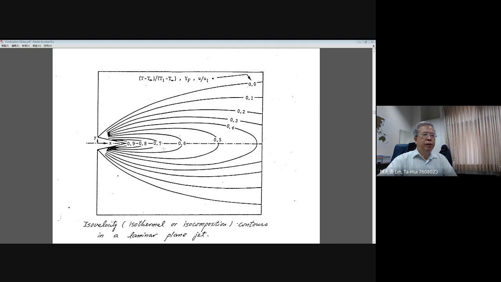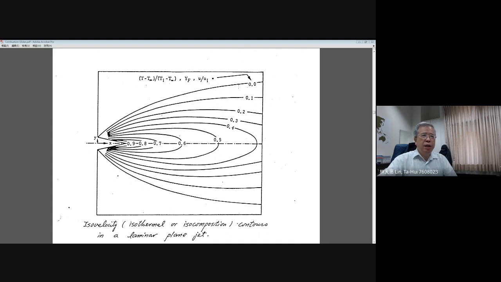Okay, and from the analysis you can find out, if you compare the property at different positions with the original position at the exit plane, then you will have the ratio. For example, 0.9 means the quantity is just 90% of the original quantity. Gradually, those quantities will continue to reduce down to zero.